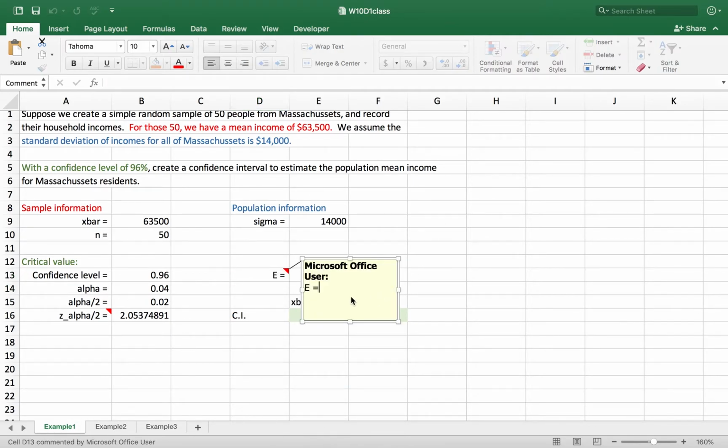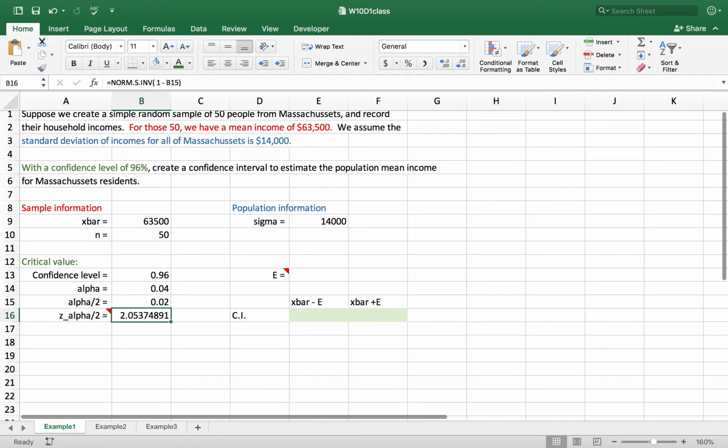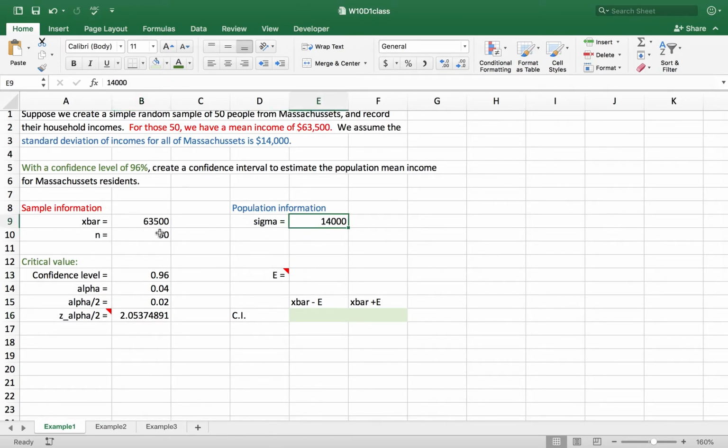All right, so finally, our margin of error, we can again leave ourselves a little comment. Margin of error, E is going to be Z alpha over 2 times sigma over square root of our sample size. So notice we have all the parts for our margin of error in the different components. We've got z alpha over 2, we've got sigma, we've got our n.